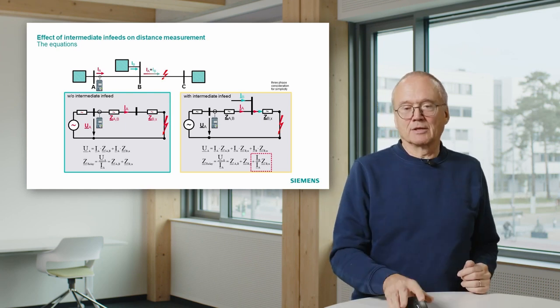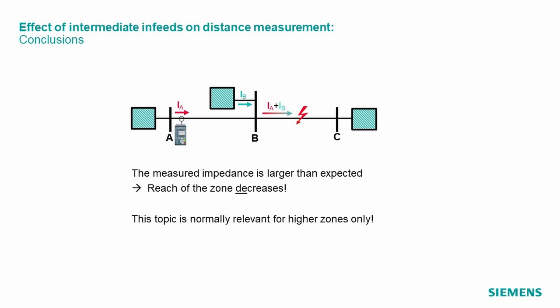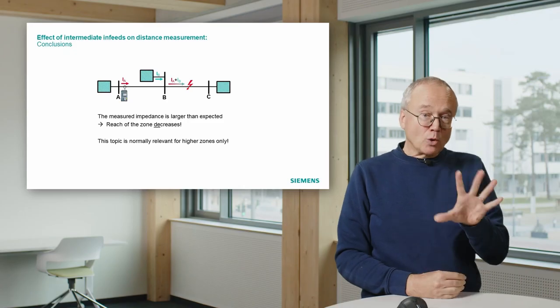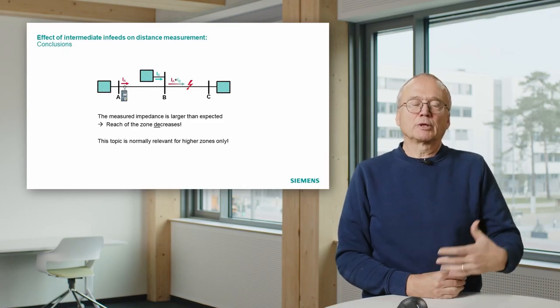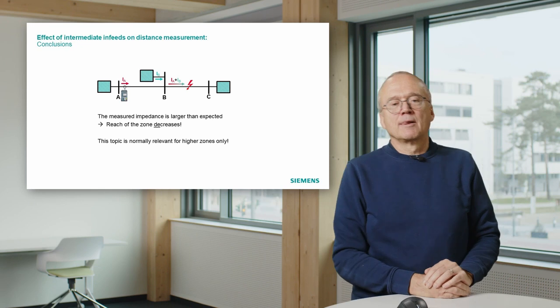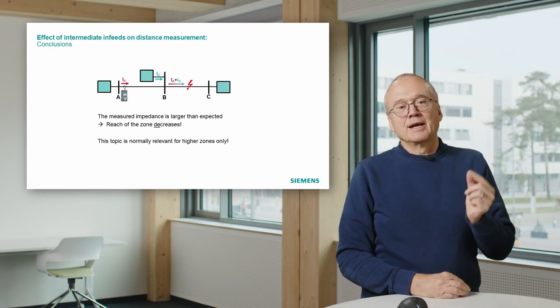Now what does that mean? Imagine you have a setting of the zone 2 that looks into your next line as a backup case. And maybe you calculated the setting and you found out, okay, I cover maybe 70% of the next line in a backup. That's only relevant for backup, because we are dealing with the next line.